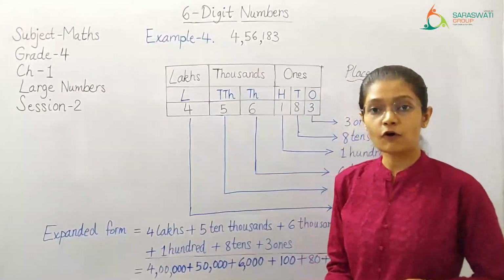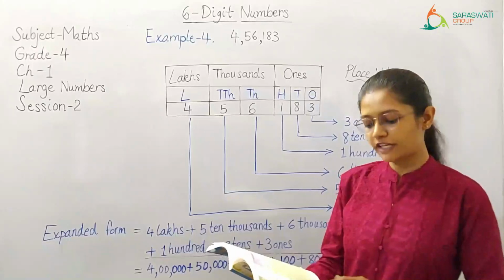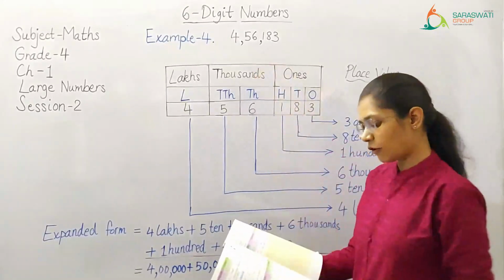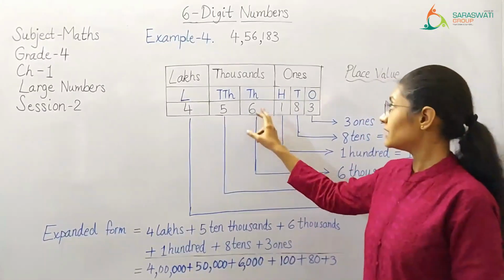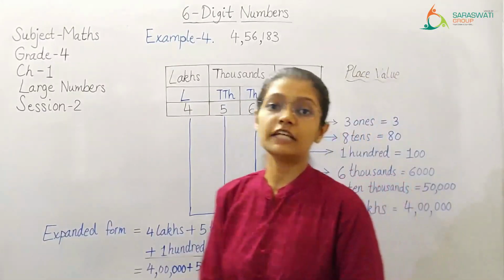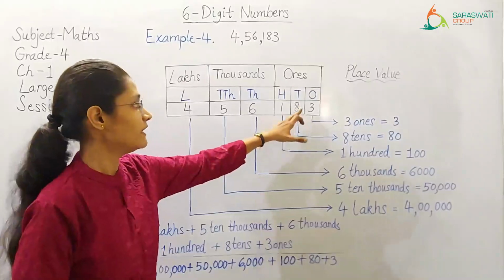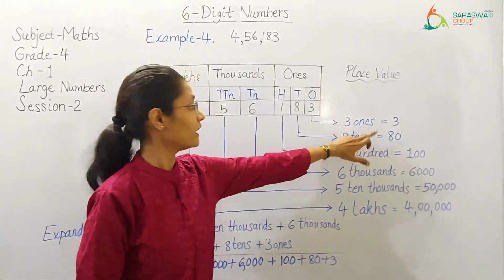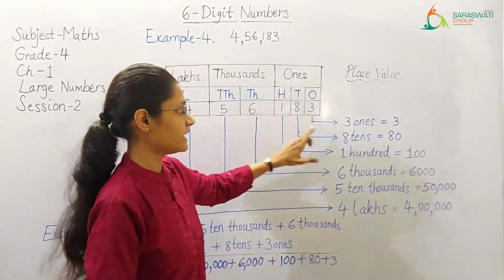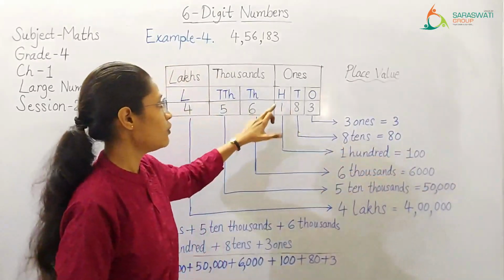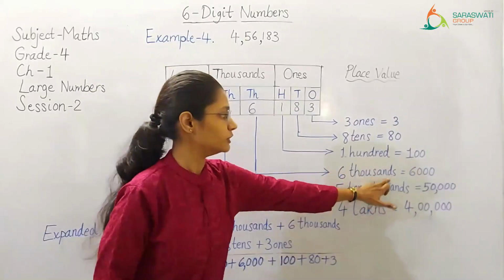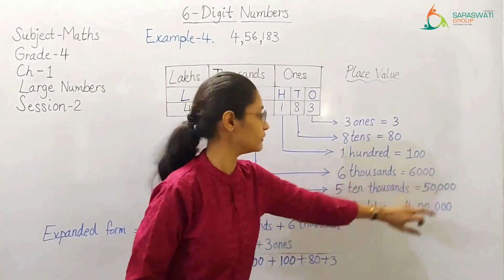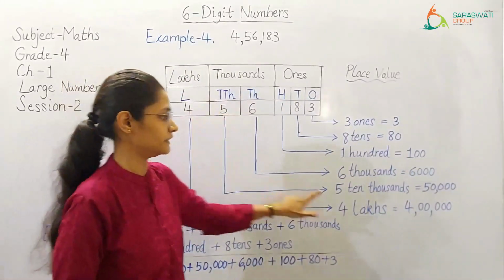Now in example 4, you have to write place value of each digit of this number and also write its expanded form. So first we should write this number in the place value chart, and then starting from ones place we have 3 ones, which is equals to 3, then we have 8 tens, which is equals to 80, then we have 100, then we have 6 thousands, which is equals to 6 followed by 3 zeros, then we have 5 ten thousands.